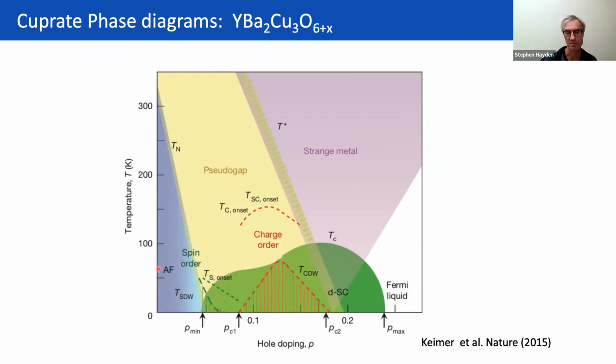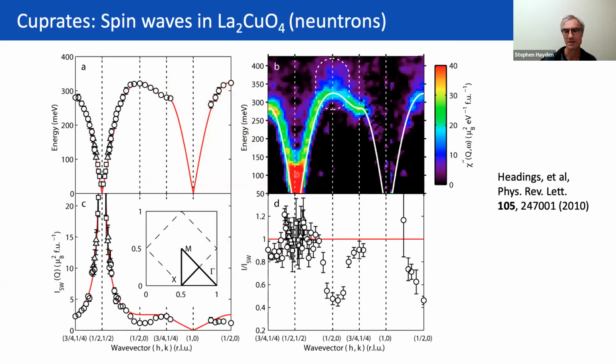I'm going to show you a bit about the parent compound, and then a little bit about what happens with the doped compounds. Quickly, the parent compound is an antiferromagnet. Here's some of our work on the parent compound. You can see the dispersive antiferromagnetic excitations here.